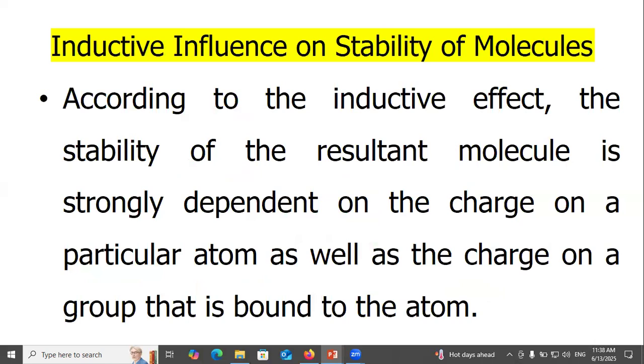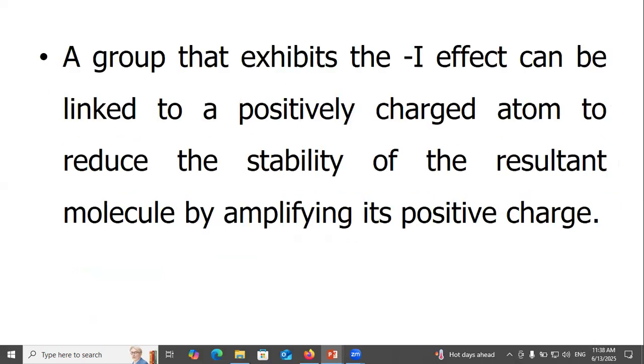Inductive influence on stability of molecules. According to the inductive effect, the stability of the resultant molecule is strongly dependent on the charge on a particular atom as well as the charge on a group that is bonded to the atom.